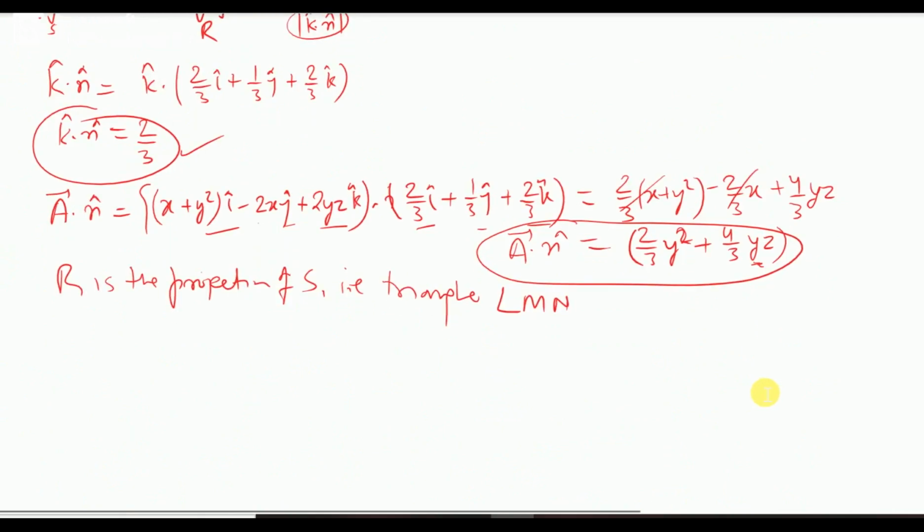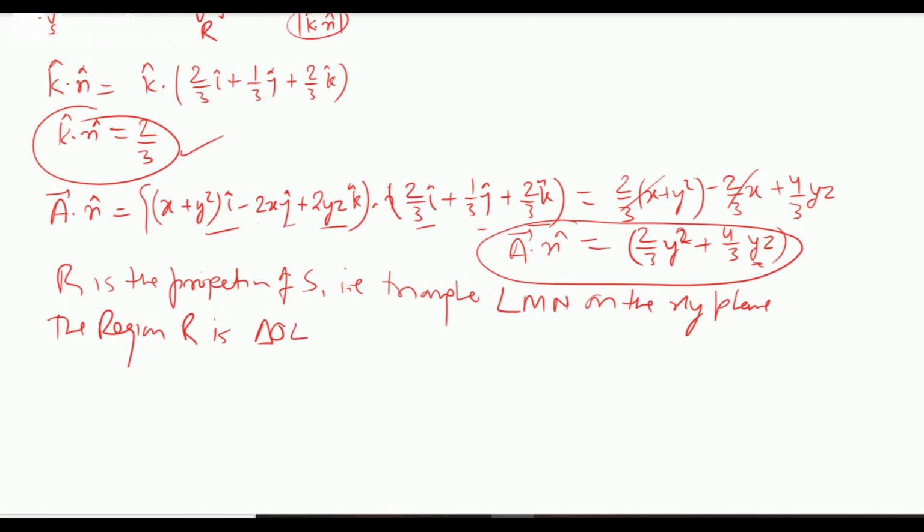So on the xy plane, the region R is the triangle OLM, and this is bounded by the x-axis, the y-axis, and the line.